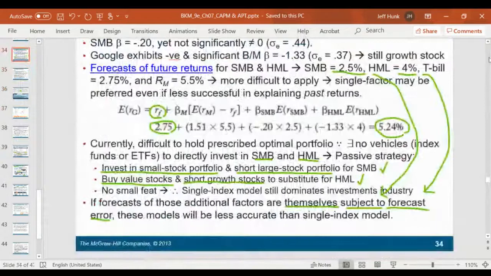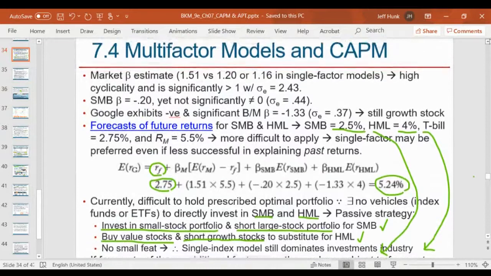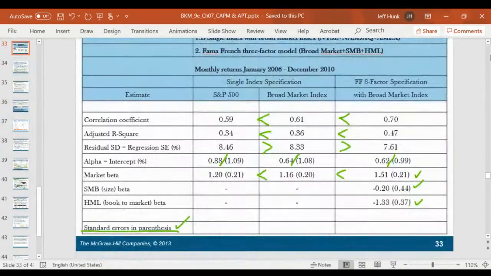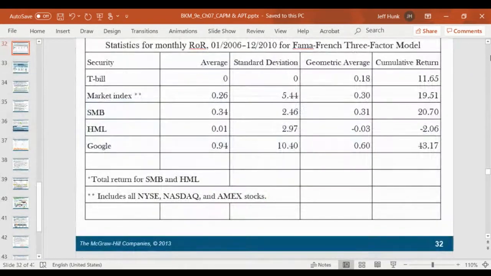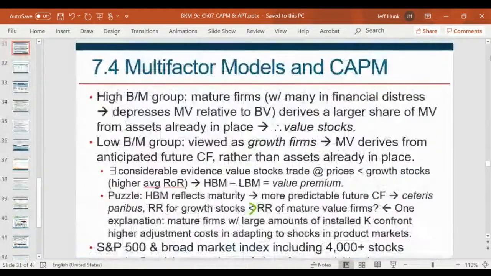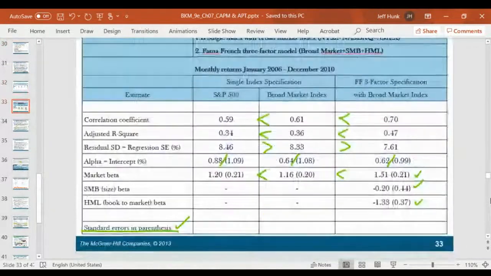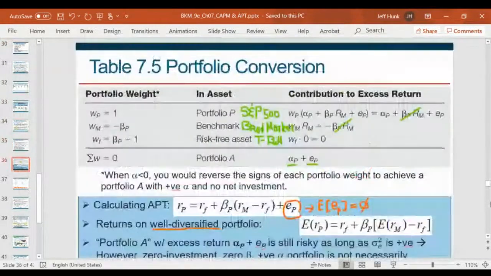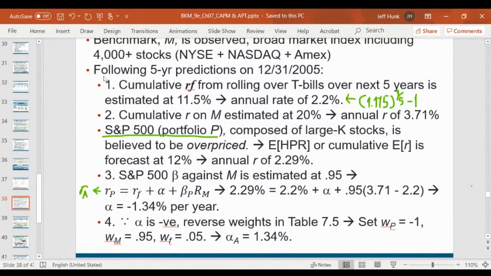I wonder if that was mentioned. I think it was the following 5-year prediction, right?